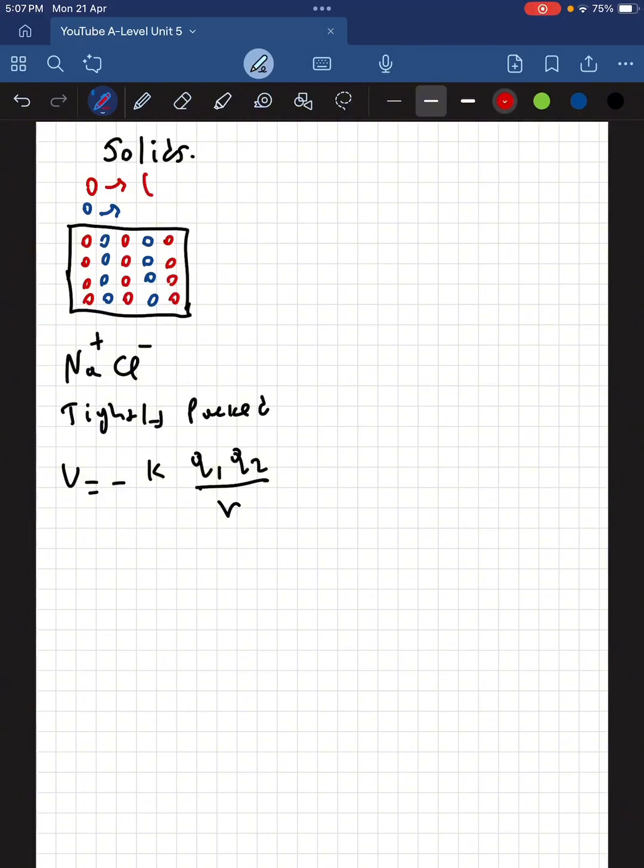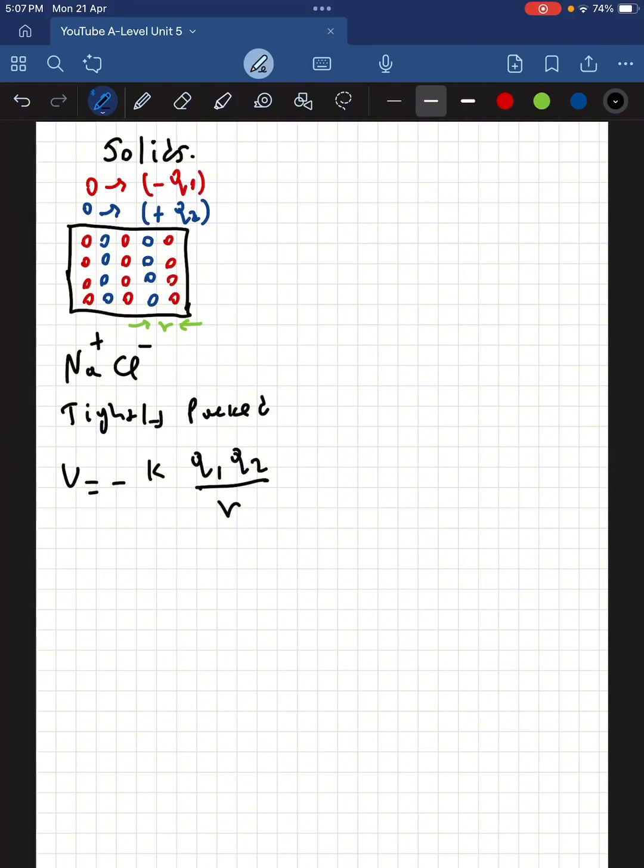We said that red is the negative, so -Q1, and we said that blue is the positive, so +Q2. So the electrostatic energy is negative and R is very small. R is the distance between a positive and a negative ion, for example. So this is very large in the negative sense. Okay, hope this makes sense. If it doesn't, let me know in the comments.